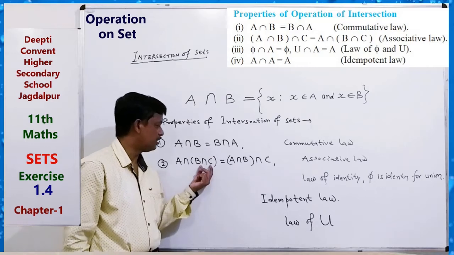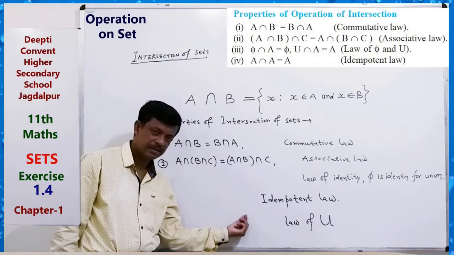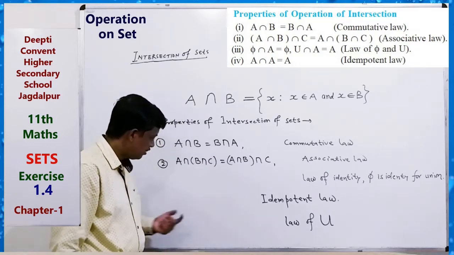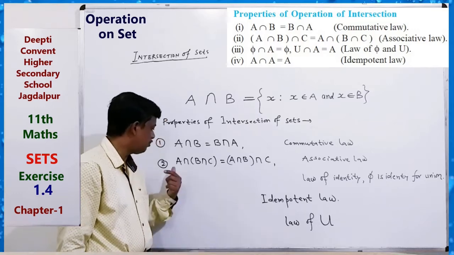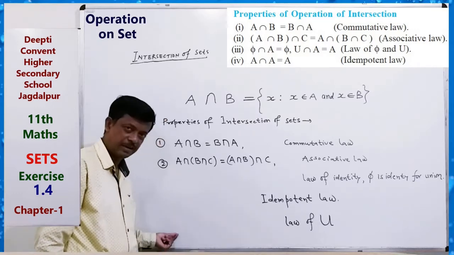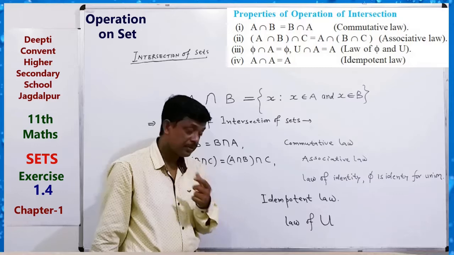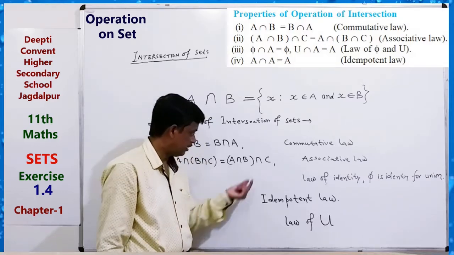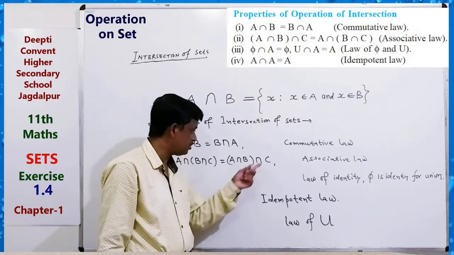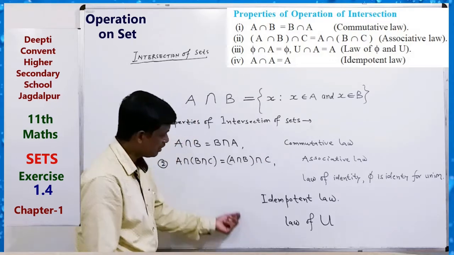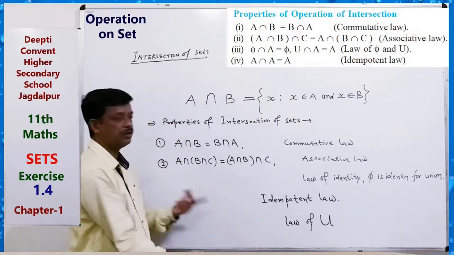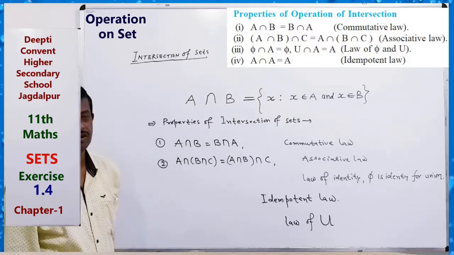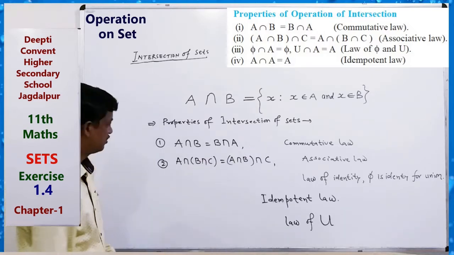First we find B intersection C, and then taking the intersection of A with this, we get a set. And similarly here, first we find the intersection of A and B, get a set, and taking the intersection of this set with C, we get yet another set. Both sets will be equal. That is the associative law, which also holds for intersection.